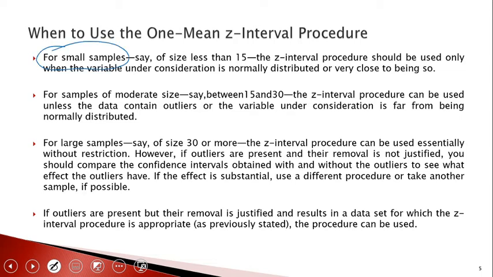For small samples, remember this: if your sample size is less than 15, you can use this procedure if your population is normally distributed or very close to normal. For moderate sample sizes, between 15 and 30, again you can use this unless you have outliers.